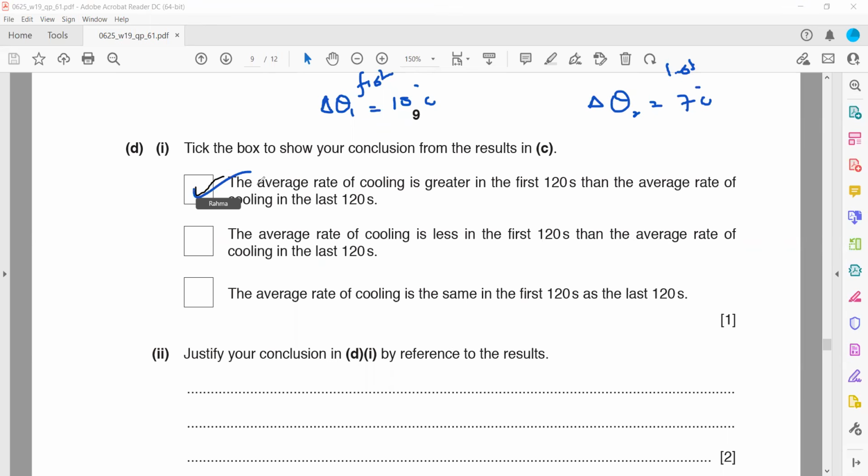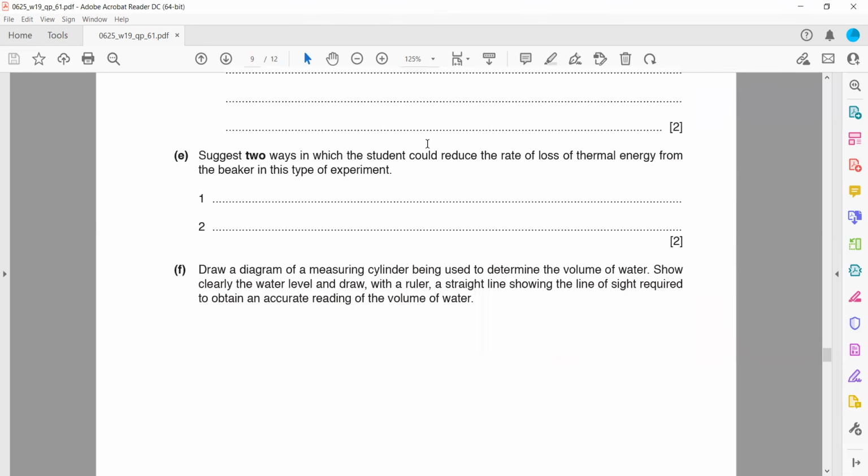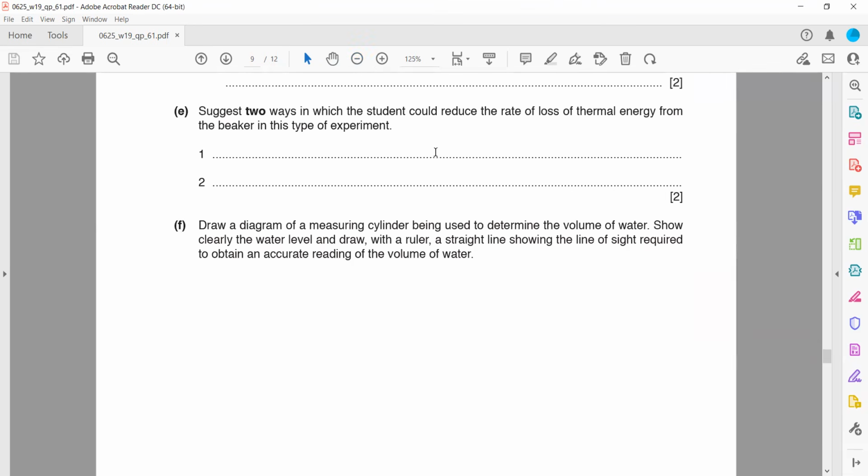The first box is correct, and justify by reference to the results. You will mention the values: in the first 120 seconds, the temperature changes by 10, but in the last 120 seconds, the temperature changes by 7. And the rate of cooling always decreases with a decrease in temperature.